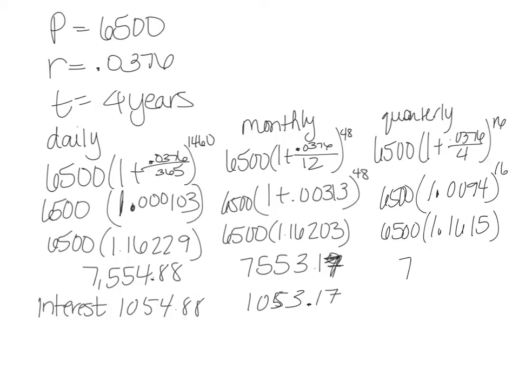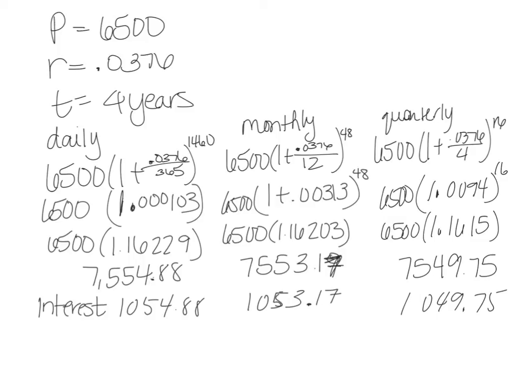And just make sure while you're using your calculator, you really check to make sure the numbers you're putting in are correct. In this case, the interest is 1,049.75. So it's not a huge difference in the amount of interest that's paid depending on how it is calculated. But you need to make sure you're using the right equation, that your interest is divided by the right number, that you're using the right number of times that it's compounded for the life of that loan. And then in the end, when it's asking for how much interest you paid, it's asking you to subtract the amount that you borrowed.